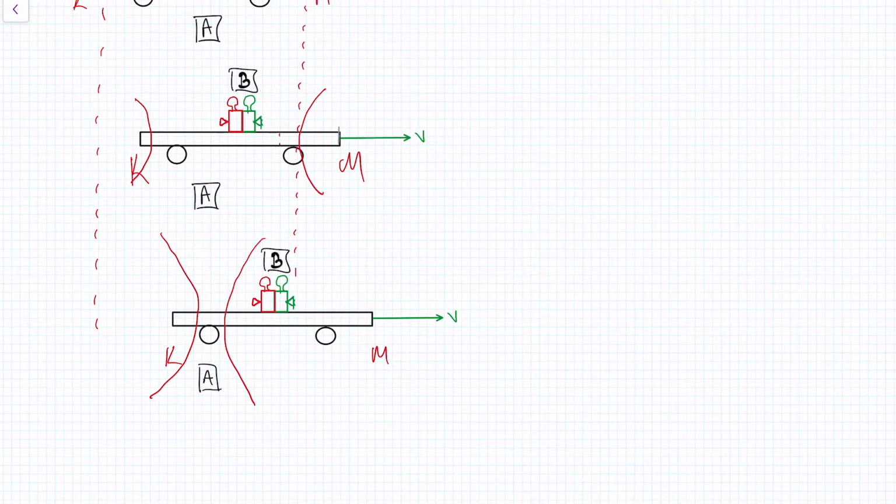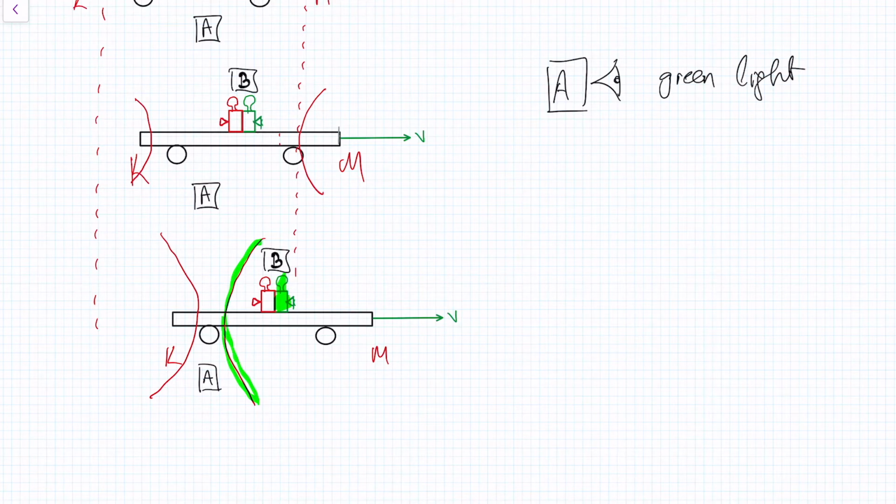But more importantly, if you look at this light wave here, what's going to happen? Well, that means the green light will flash, isn't it? Because the light from M, from the right, reached the detectors first. So person A will see green light.